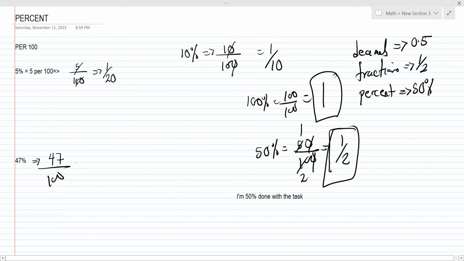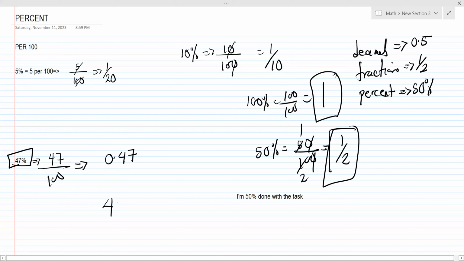But you can change it to a decimal. That will be 0.47. Anytime you want to change a percent to a decimal, just move the decimal point 2 places to the left.